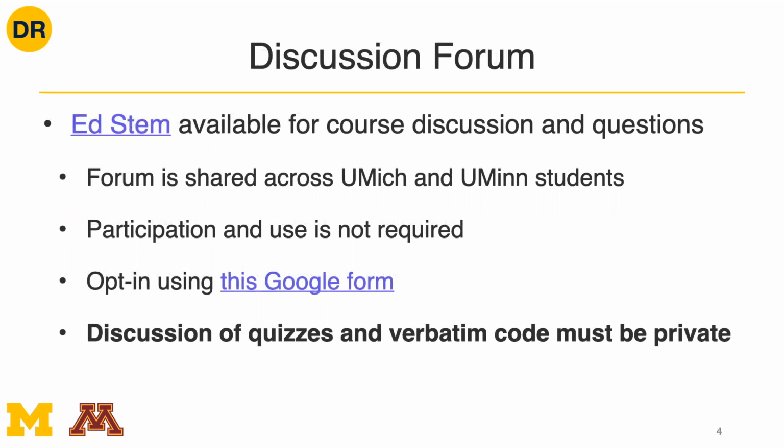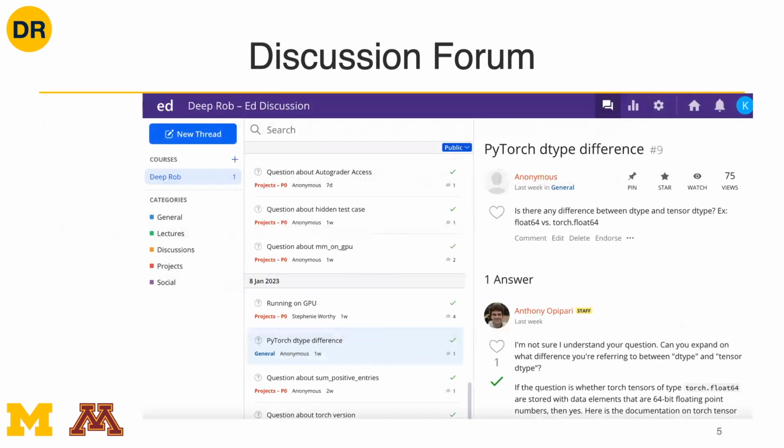So, the discussion forum. I know some of you have filled in the Google form and opted in. It's a great place for discussing with other students. Even if you have smaller questions, you can see what people have posted earlier. I wanted to give a snapshot of what it looks like. It's basically like Piazza.